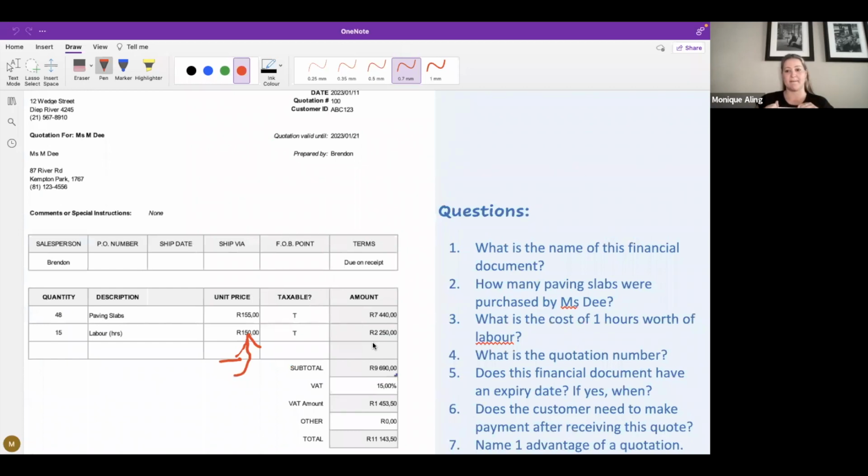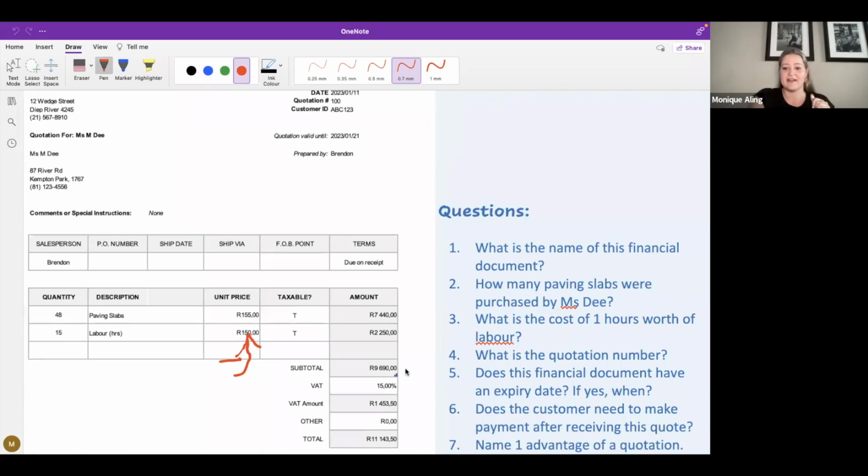Who can help us there? Okay, good. Well done. Siwa, Valente, Steffi, Lauren, good. Okay, so everyone can locate the quotation number. Good. So as you can see, a lot of the questions when it comes to financial documents is almost like a comprehension. You just need to go and find it.